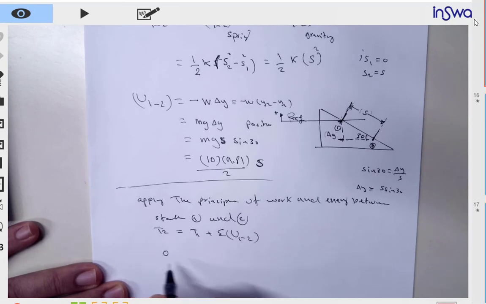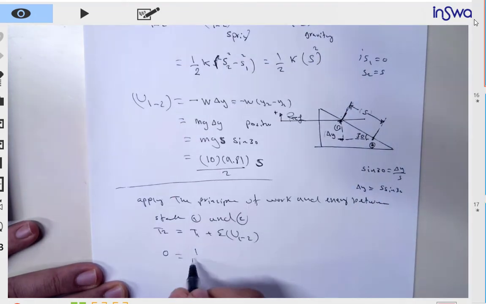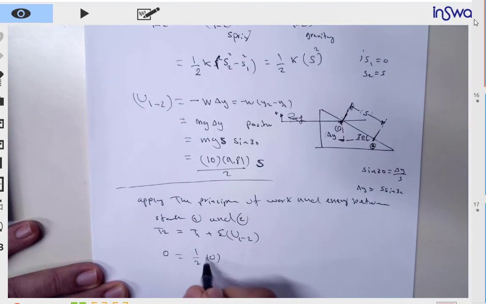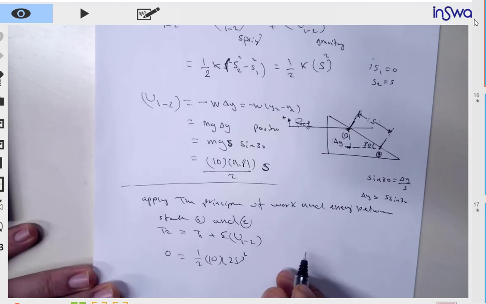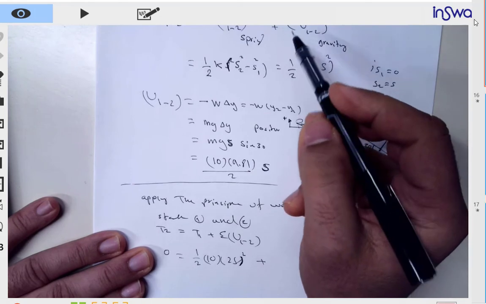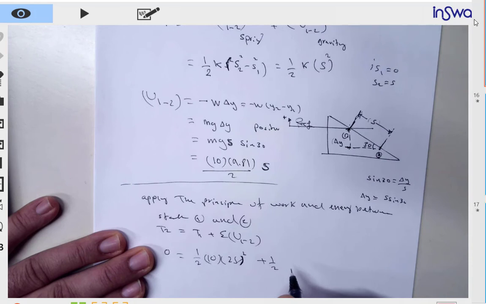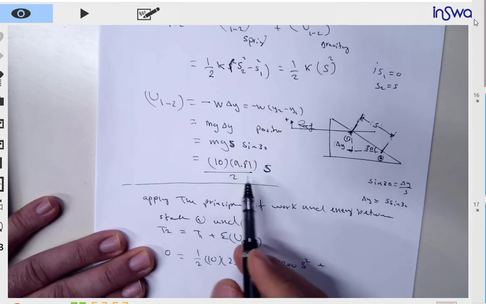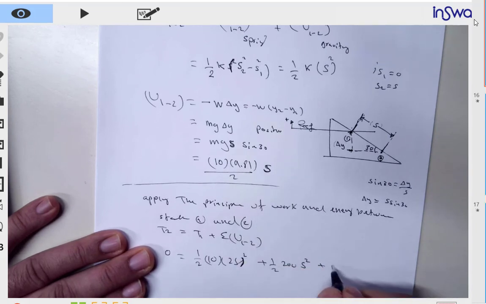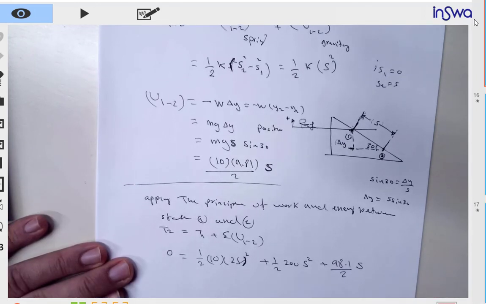T2 is 0, equal to T1, which is this value, half times 10 times 5 squared, plus now what do we have here? We have the first value, half k, where k was 200, times s squared, plus this value we got here, 98.1 over 2s. So this is the quadratic form.